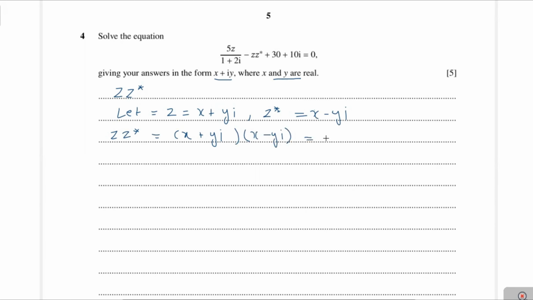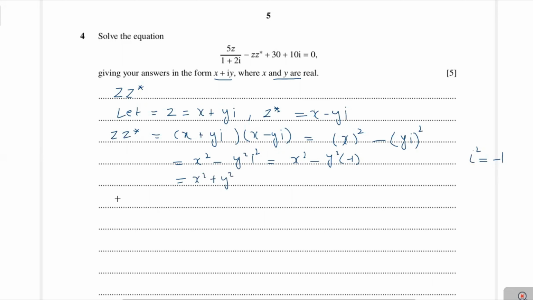You see here we get the a square minus b square identity, x square minus yi whole square. That value will be equal to x square minus y square i square. You know i square equal to minus 1, therefore we can write x square minus y square into minus 1. That value will be equal to x square plus y square.